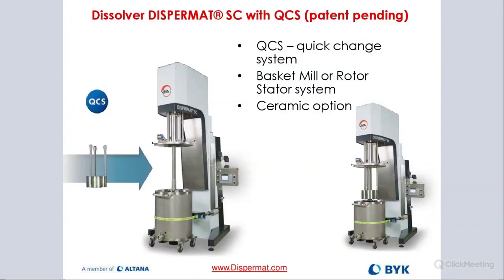Silicon carbide is another option we have. Or if customers are milling a lot of white material, you really want to have a ceramic, so you don't want the bleeding of the metal into your slurry, turning it gray. And we have seen that happening, so that's why we offer the ceramic options for these type of products.